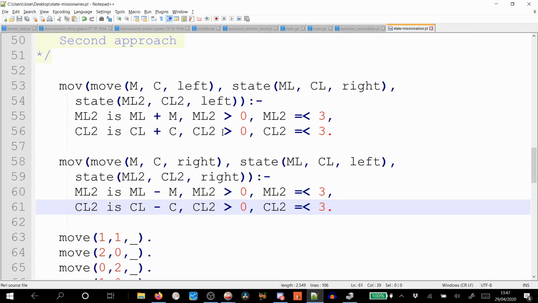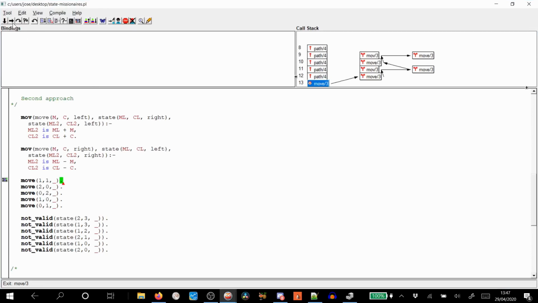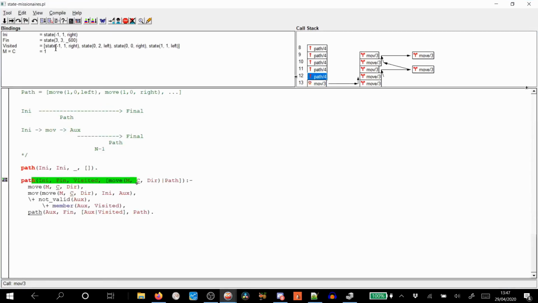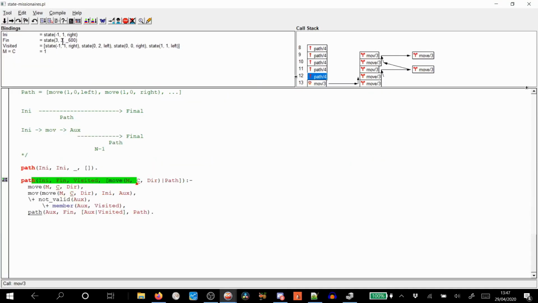Okay. Probably the problem is that we are creating bad options, like with negative values here. This is not a valid state. They are including not valid states because we are not checking that it's not valid, and we have no option to check that.